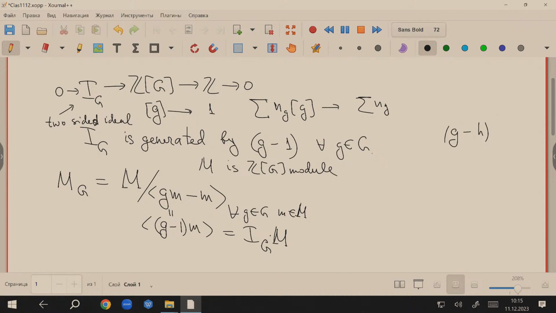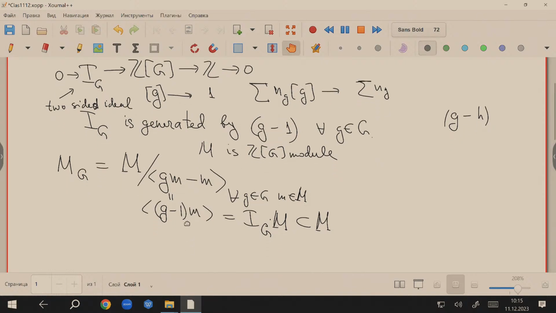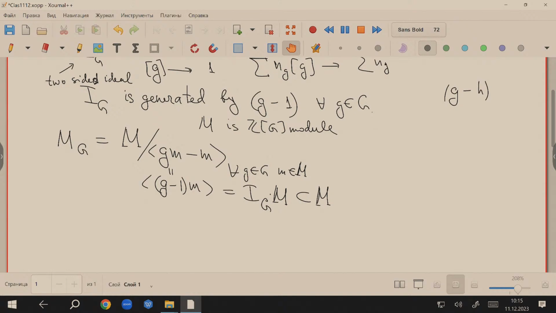So this is just I_G times M, that means this is the submodule of M generated by the products of elements from I_G and M. So this allows you to write down the functor of coinvariants: you just factor M by I_G times M.